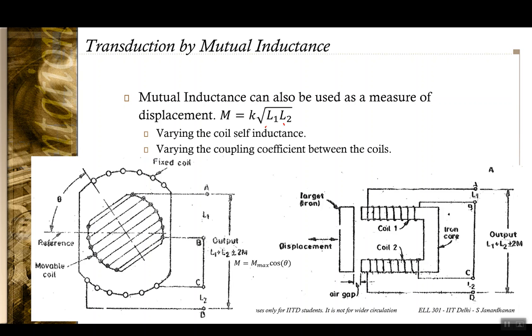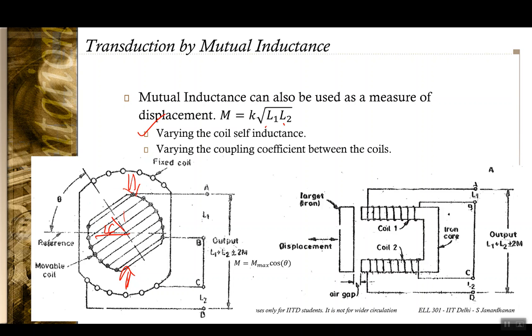We have already seen the self-inductance part, so we will not go through that. Let's see how the coupling coefficient can be changed. Now here you have two setups. In this setup, by changing the angle here, the coupling is changed, because the number of lines of flux associated will change.